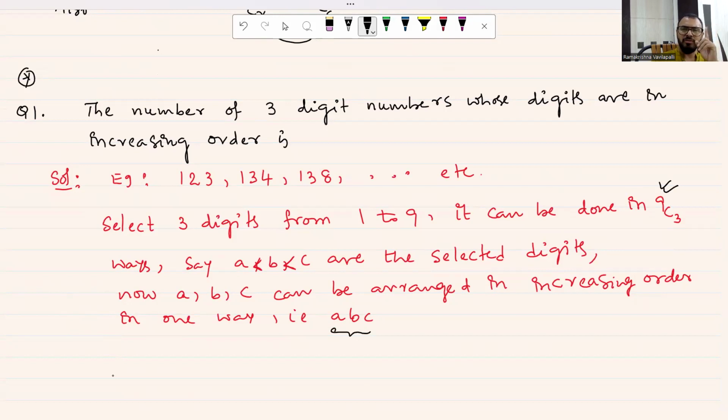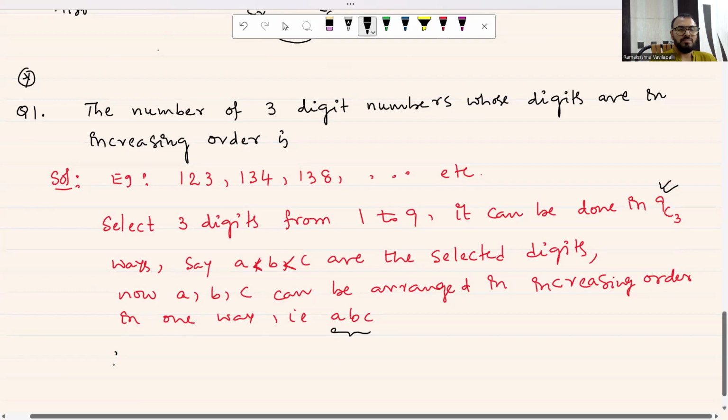If you select 1, 2, 3, you will get 123. If you select 7, 8, 9, you will get only one 3-digit number, 789. So as there are 9C3 selections, for each selection you can form only one 3-digit number. Therefore, the number of 3-digit numbers is equal to 9C3.